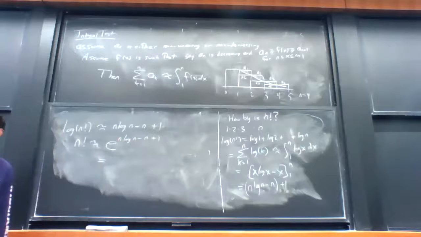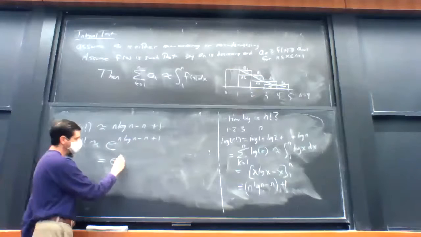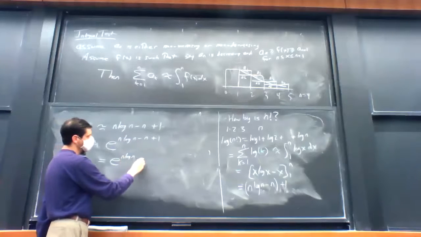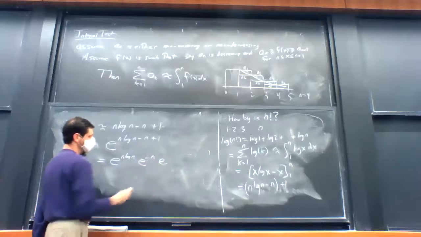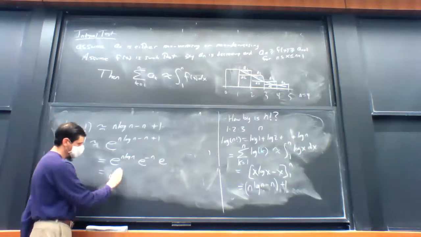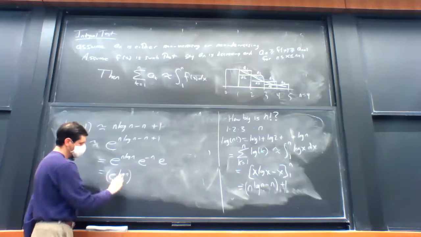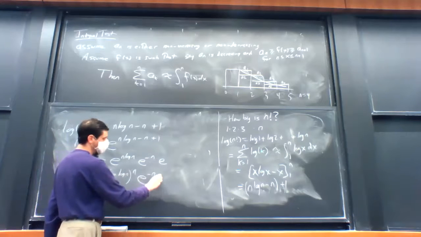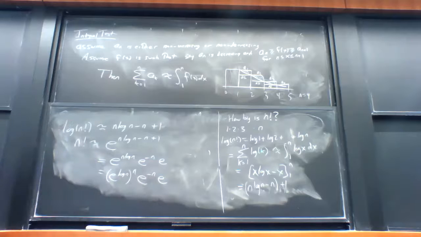This is a chance to review some exponents. It's e to the n log n, e to the negative n, e. I'm going to write e to the n log n as e to the log n, to the n, e to the minus n times e. And we'll review laws of exponents on Monday.